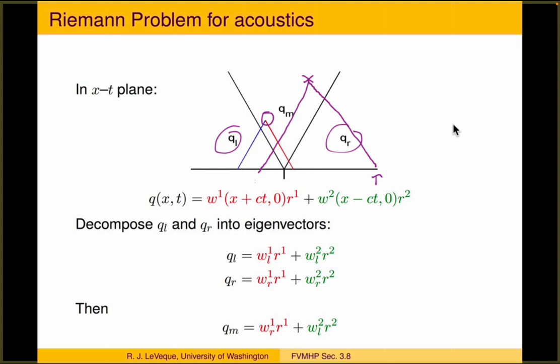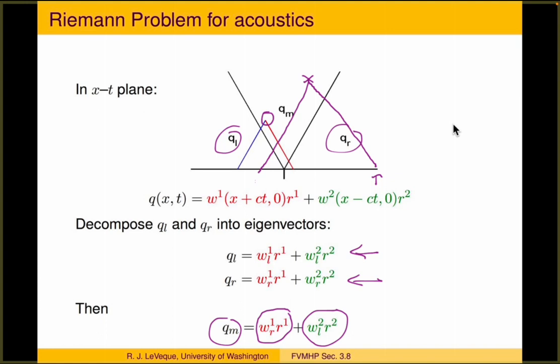And so we can see that if we decompose QL as W1L R1 plus W2L R2 and decompose QR similarly into eigenvectors with weights W1R and W2R, then the state at either of these 2 points or any point in that wedge has the same value QM, which comes from tracing the one characteristic back and picking up W1 from the right state, and then tracing the two characteristic back to where we pick up the W2 characteristic value from the left state.